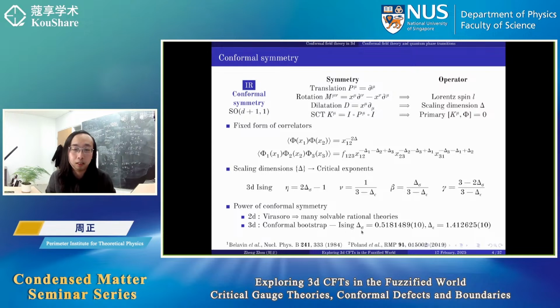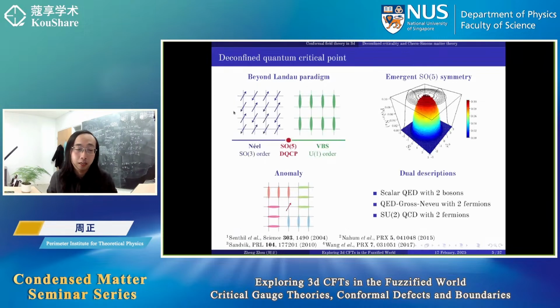For example, for the Ising model, it can determine the scaling dimensions up to 6 or 7 digits. Besides these well-studied theories, people are devoted to exploring new, more interesting theories.